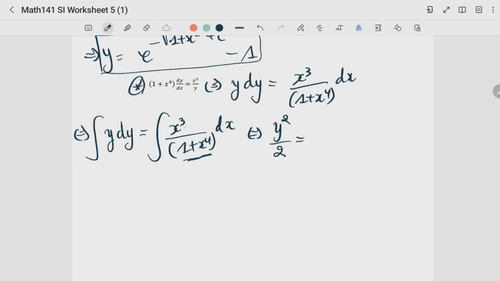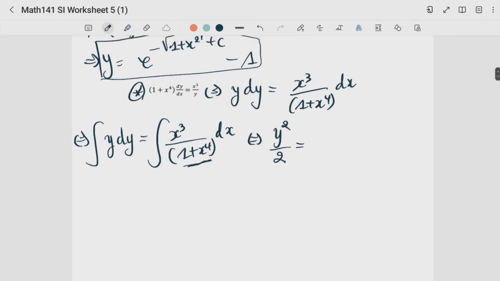Whenever you have that case, you can easily take the derivative of the denominator to get the numerator, especially in the case of these polynomials.